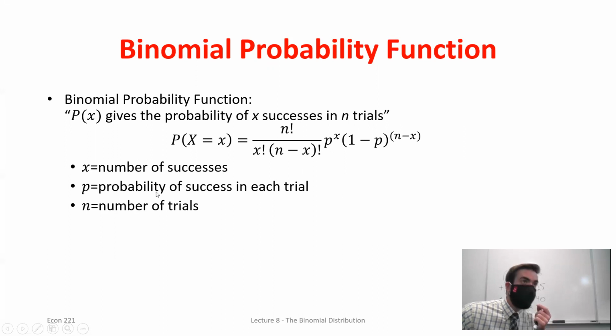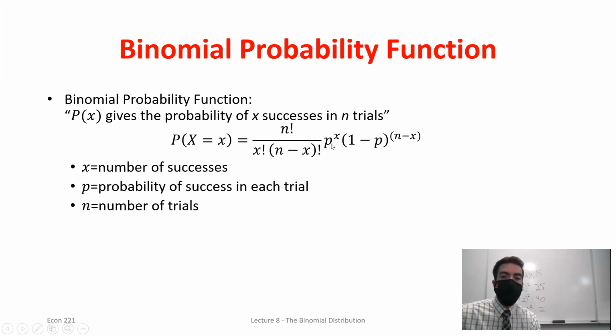Now the probability of success is the probability of success on any one trial. So if I'm flipping a coin, that probability is just 0.5. So N is the number of trials, X is the number of successes you're interested in finding out of those N trials, and P is the probability of success on one trial. What you're trying to find is the probability of seeing X number of successes, maybe 50 successes out of those 100 trials. We don't know what that is, but we know the probability in any one trial is 0.5 for flipping a coin.